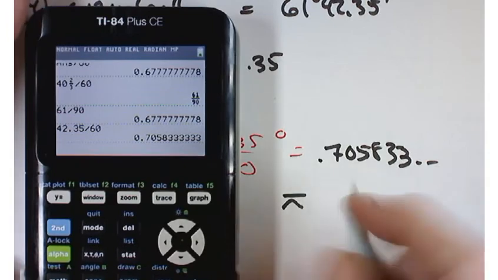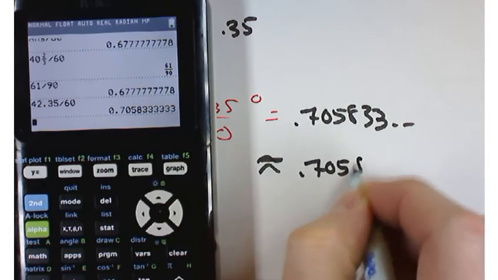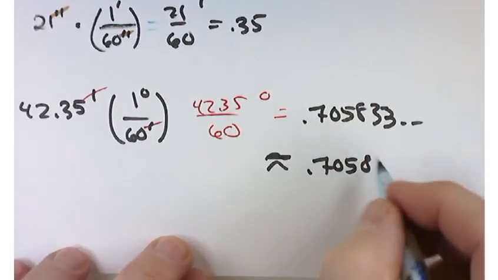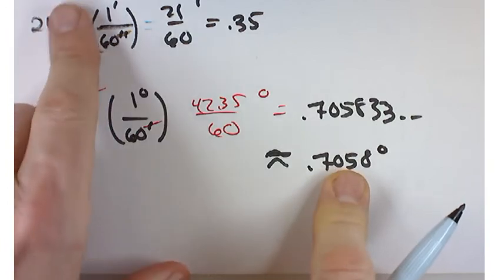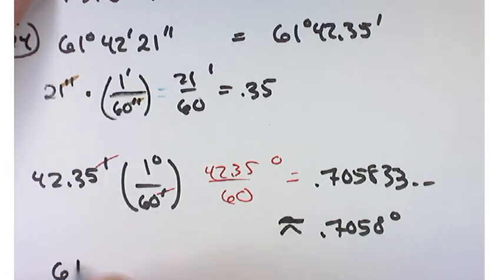And when we round that off, that's when I use a little squiggly approximation sign, 0.7058 degrees. Add that to the start here, we end up with 61.7058 degrees. Doing okay on that one now? Feeling comfortable? All right, that's good. Thank you.